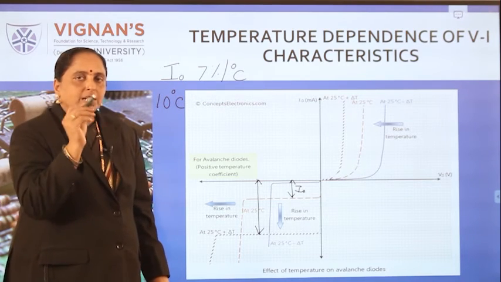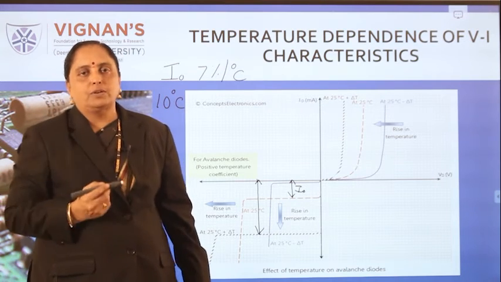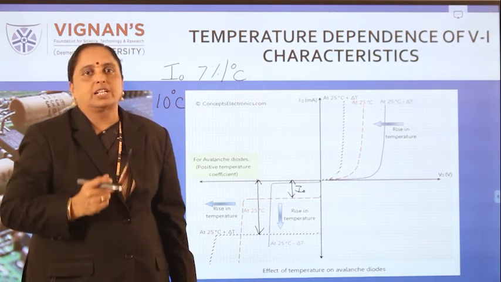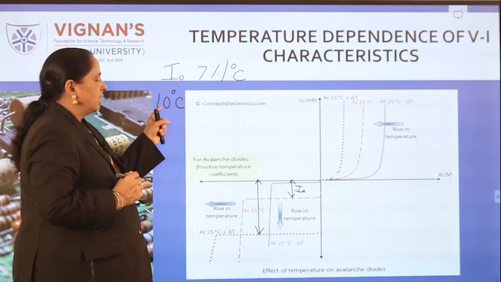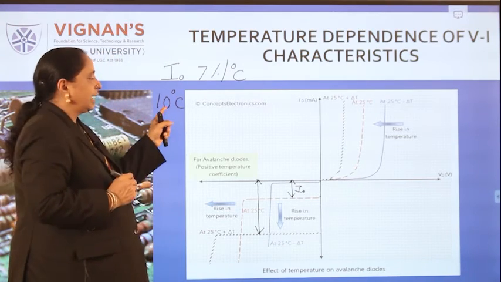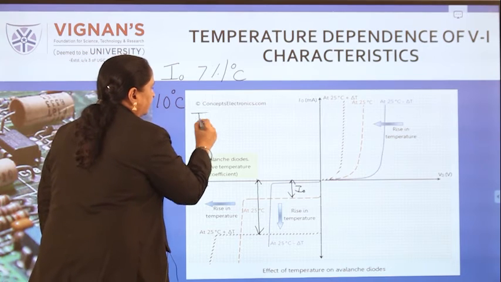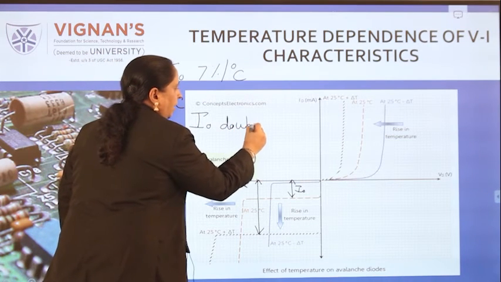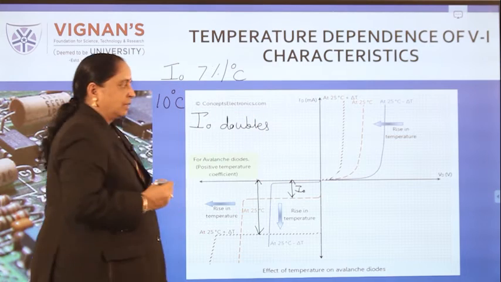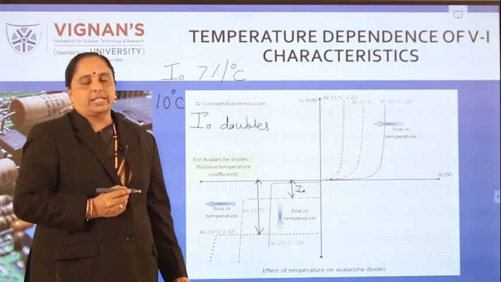This current should not increase, because this will lead to the breakdown of the junction and cause destruction of the semiconductor diode. Therefore, one more rating is that for every 10 degrees centigrade rise of temperature, I naught doubles. There is also one more effect on the barrier voltage.